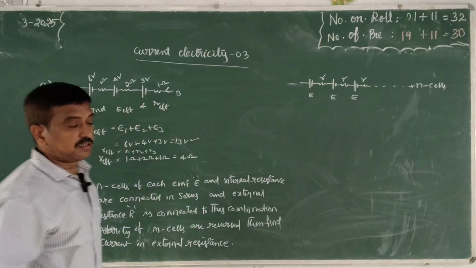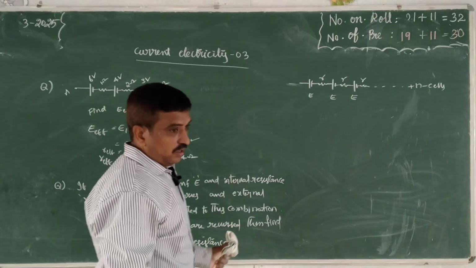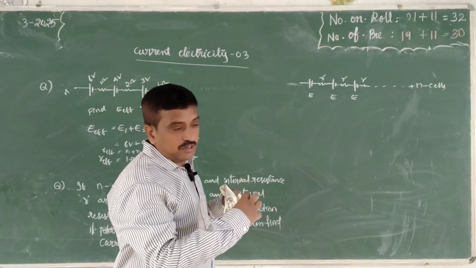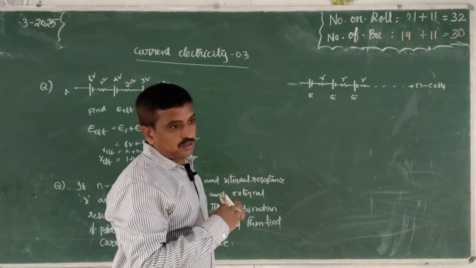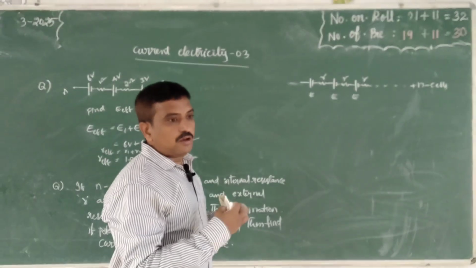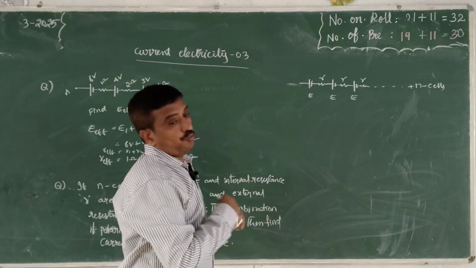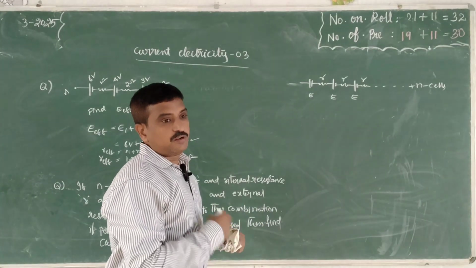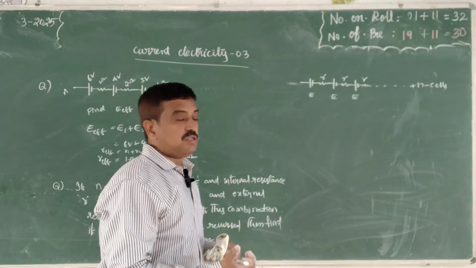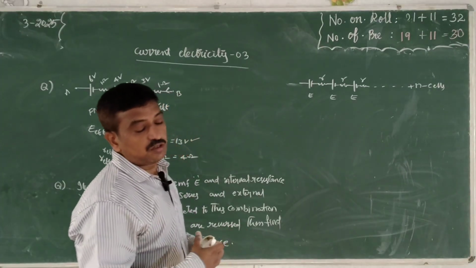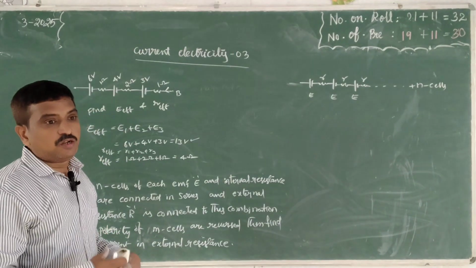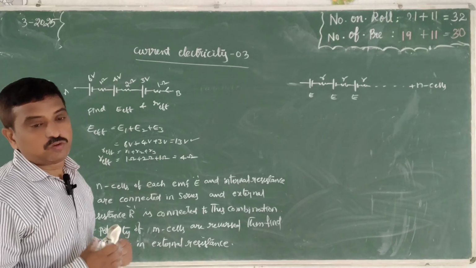That is the connection. N cells are connected in series and external resistance R is added to this combination. After that, if the polarity of M cells is reversed, what is the net current in the circuit that we want to find out?